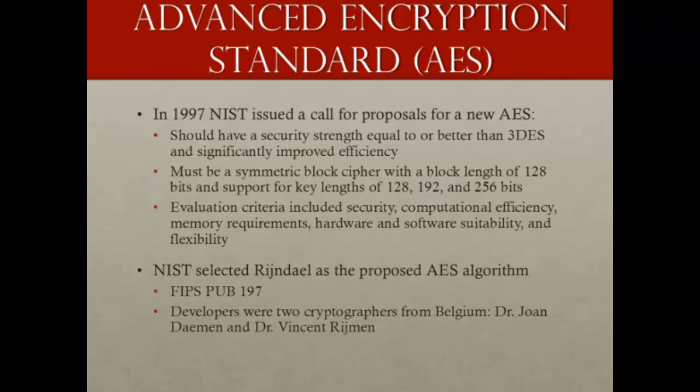In addition to these general requirements, NIST specified that AES must be a symmetric block cipher with a block length of 128 bits and support for key lengths of 128, 192, and 256 bits. Evaluation criteria included security, computational efficiency, memory requirements, hardware and software suitability, and flexibility.